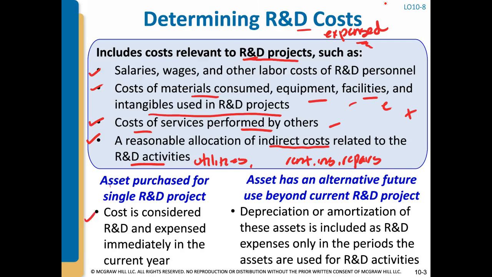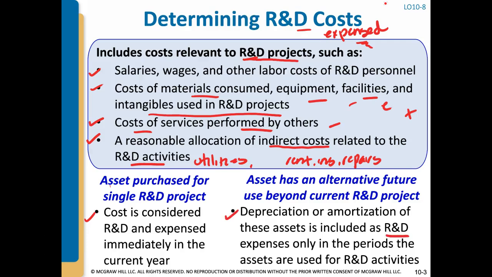However, if an asset that is depreciable or amortizable has a future use beyond the current R&D project, then those costs are capitalized to the balance sheet, and they're depreciated or amortized as long as they're used as R&D.